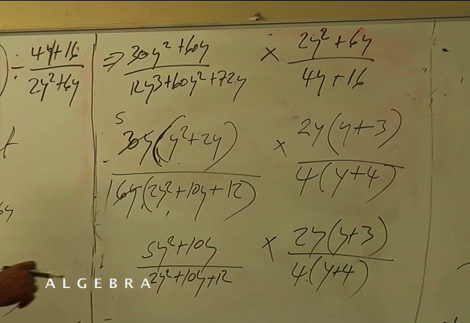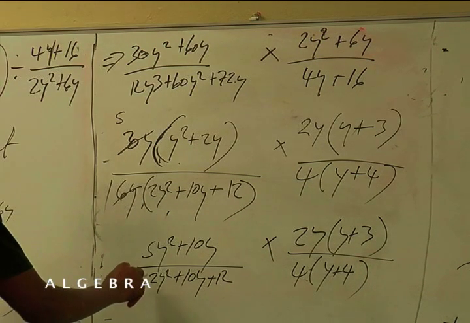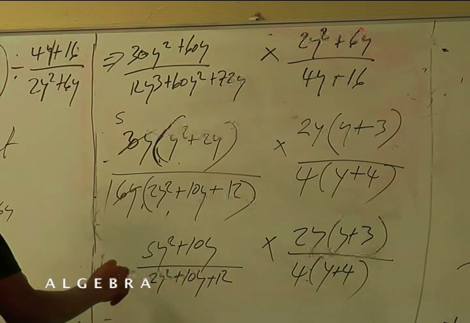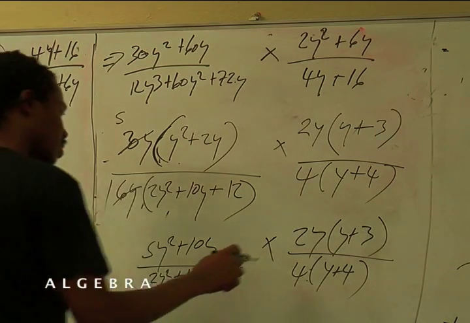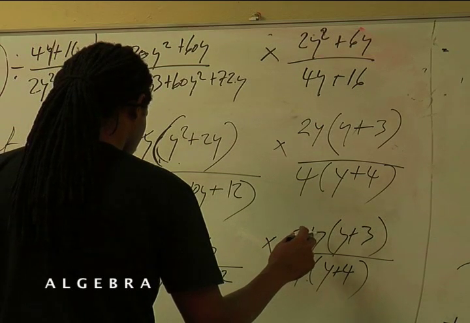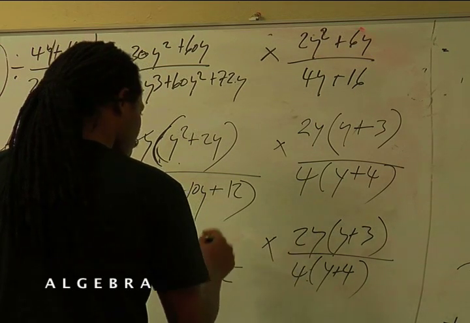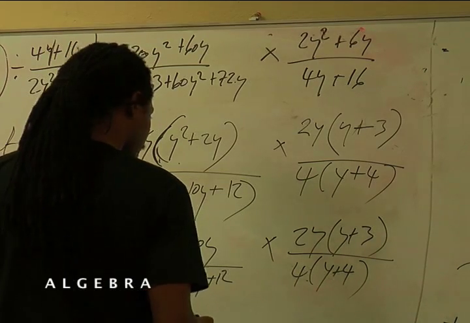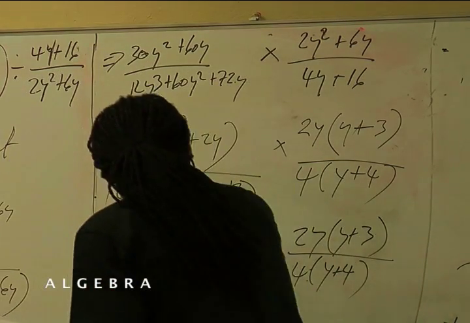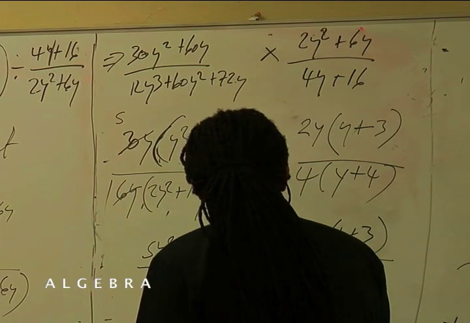All right, now y plus 2, 2y plus 5. Now I get this, you know. Hold on now. This times this.